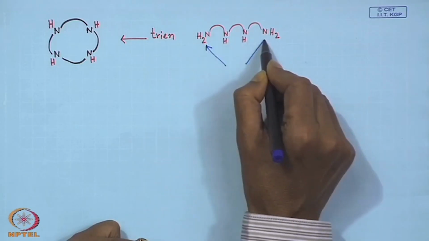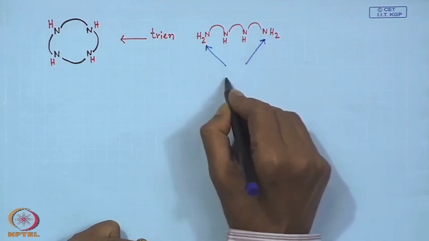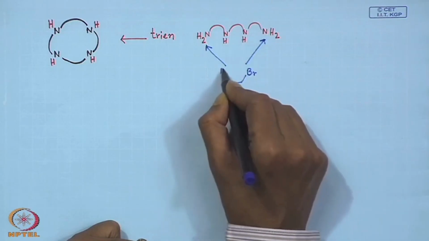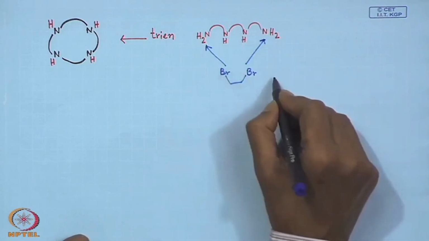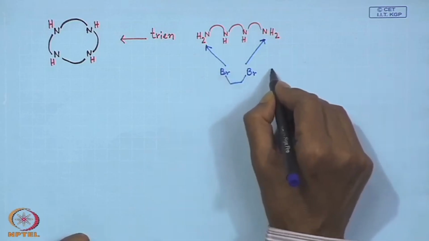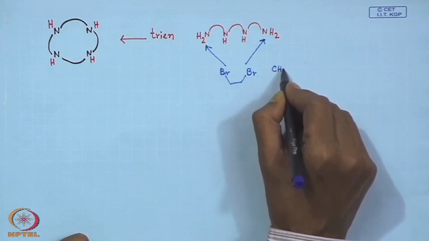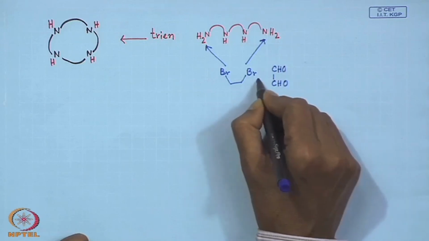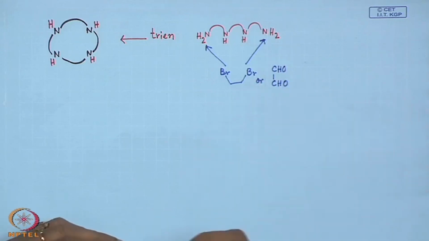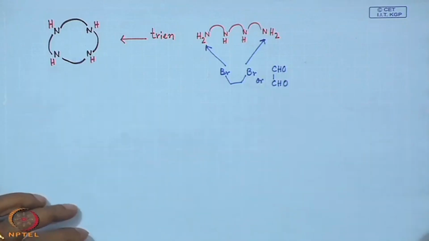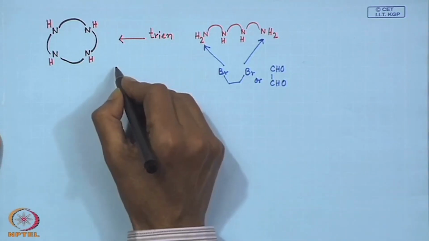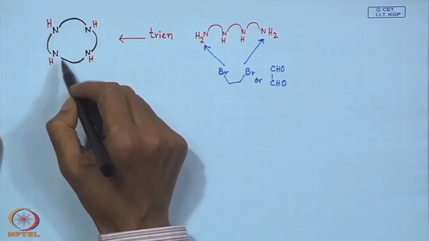The only thing is that this particular backbone has to be connected. So, if we can connect these two ends, say by dibromoethane or glyoxal, using these two molecules, we can get a cyclic product, and this cyclic product is related to the taken molecule, but is of bigger size.